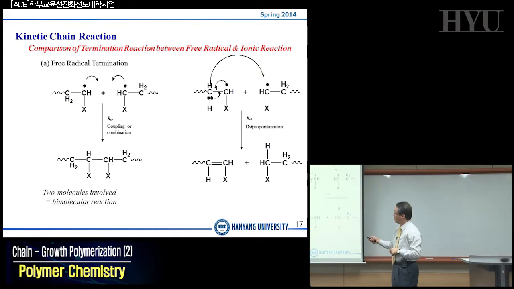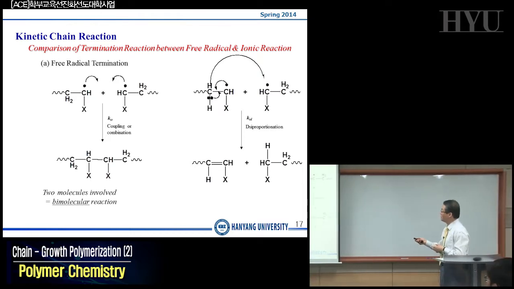So one of these chain-end radicals meets the other to become coupled or combined into one molecule as a terminated species. Your molecular weight will be doubled, right? Now we have two molecules in the reactants, so we call this a bimolecular reaction because two molecules are involved in the reaction.